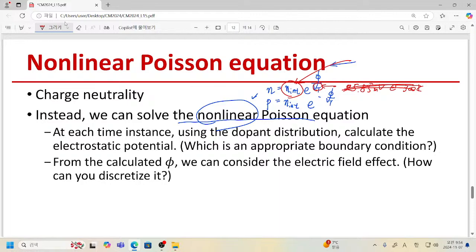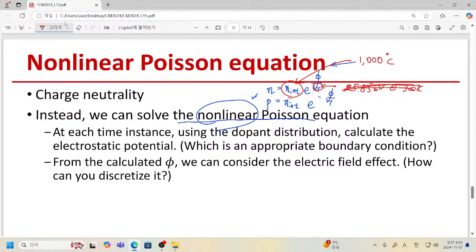So when you solve your nonlinear Poisson equation, please do not use the value at 300 Kelvin. You must introduce the values suitable for 1000 Celsius we are currently assuming. So with this modification, now you can solve the nonlinear Poisson equation.